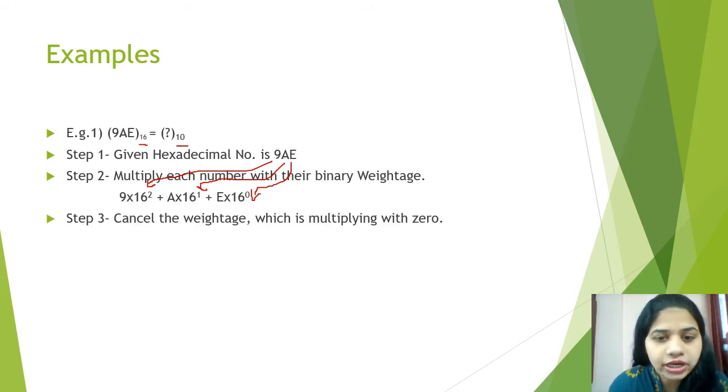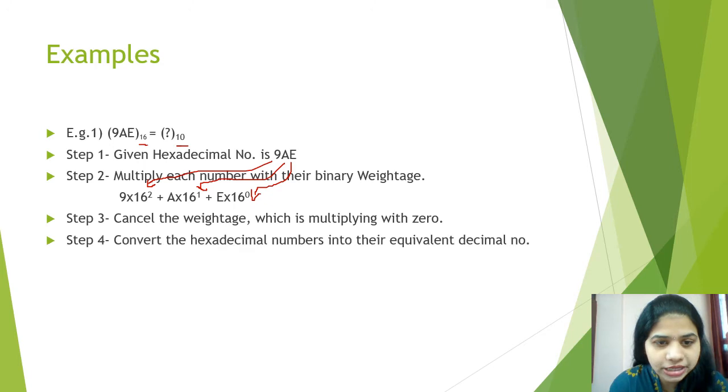Now cancel the weightages which are multiplying with 0. As there is no 0 multiplication, there is no need for this particular step. Then we have to convert each hexadecimal digit into its equivalent decimal number. So we replace E with its equivalent decimal, which is 14, and A becomes 10. Now here 9 into 256, and 256 is nothing but 16 square.